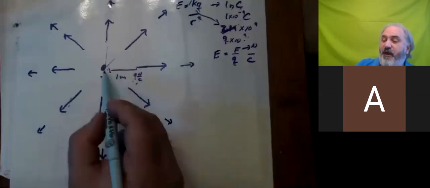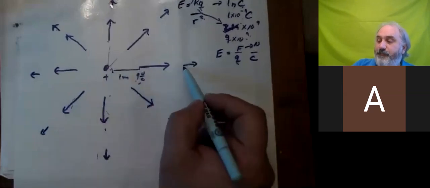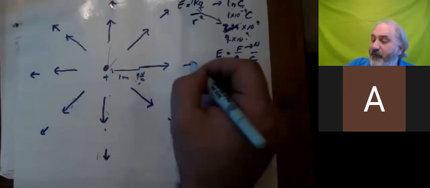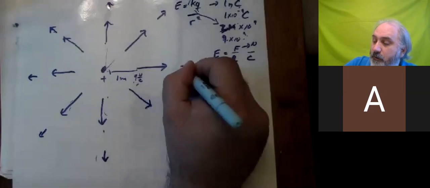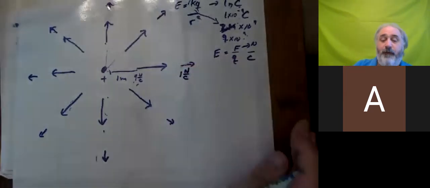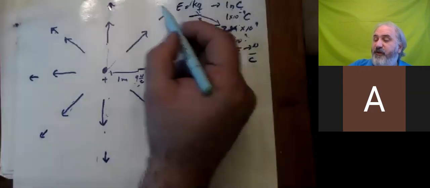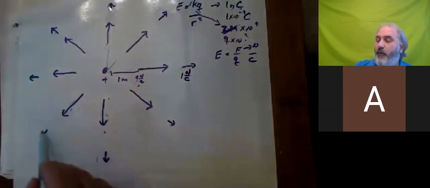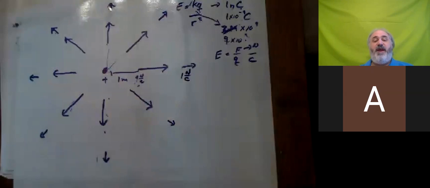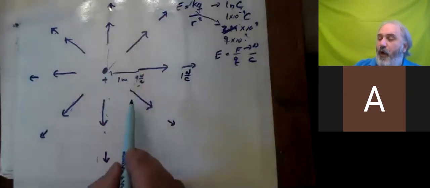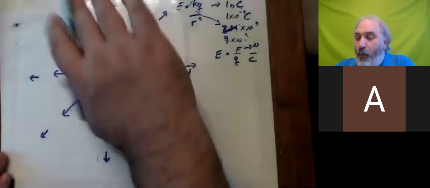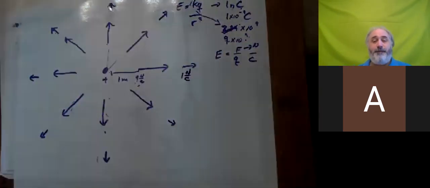Now, if I went, say, 3 meters out, then out here this would be just 1 newton per coulomb. It would be a lot smaller, but the direction would still be away. So we can see that for a positive point charge, the electric field always points radially away no matter where you look. Boom, super easy.